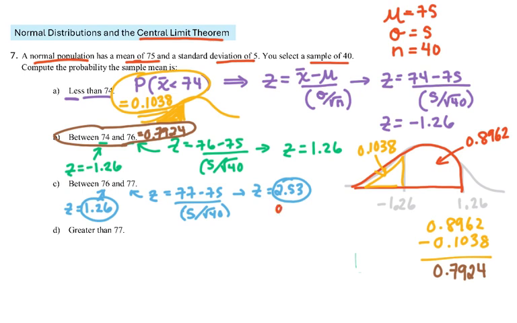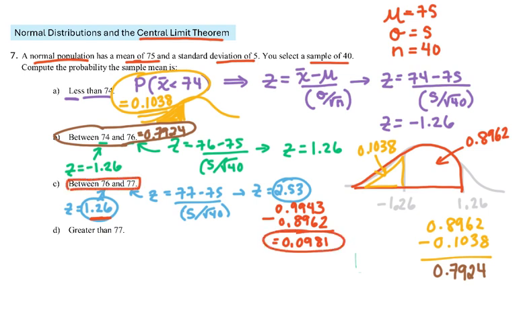And this one correlates with 0.9943, so 99.43% of the area is to the left, and we already know from 1.26, 0.8962, so the space in between is 0.0981, 9.81% likelihood there.